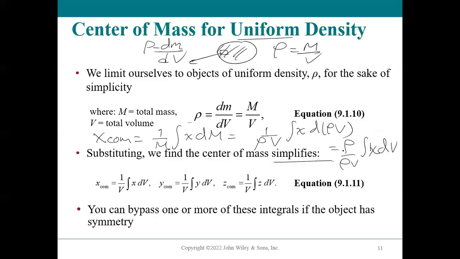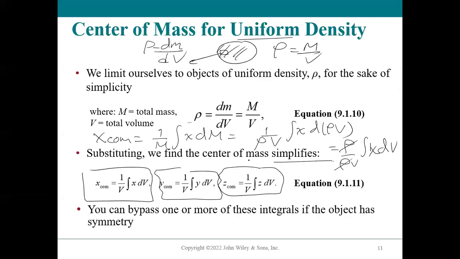So we can divide rho by rho. So the equation becomes 1 per volume times the integral of x dV. This one is for x center of mass. Also for y center of mass, 1 divided by volume times the integral of y dV, and for z, 1 divided by volume times the integral of z dV. And then you can bypass one or more of these integrals if the object has symmetry.